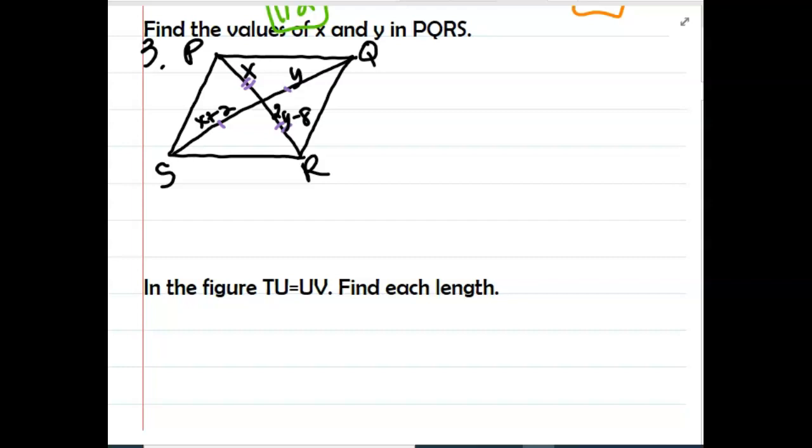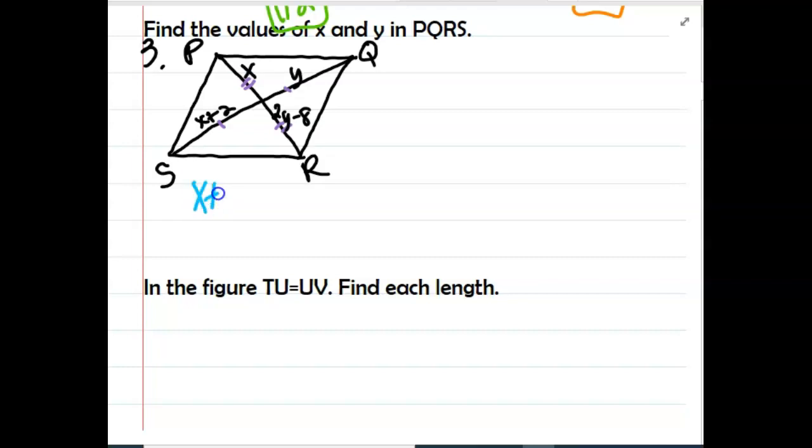Now keep in mind that these aren't angles, these are segments, right? So if I know these are congruent, what does that mean? They're equal, yeah, they're equal.